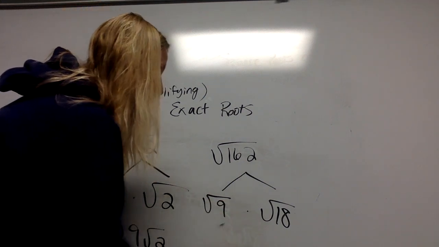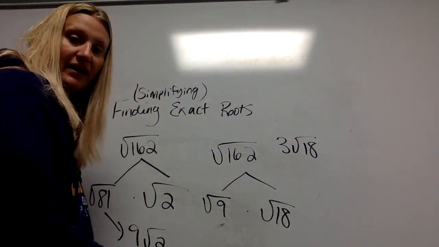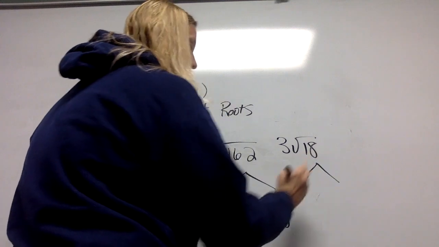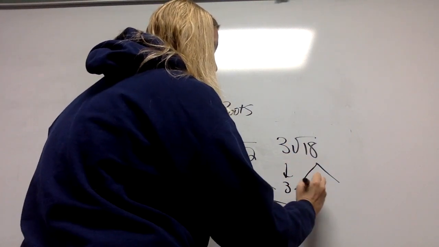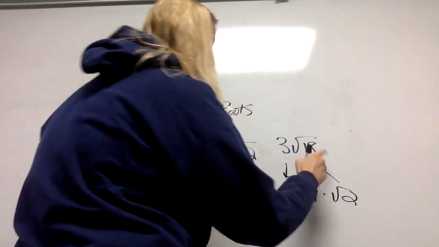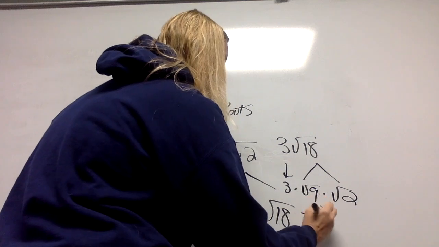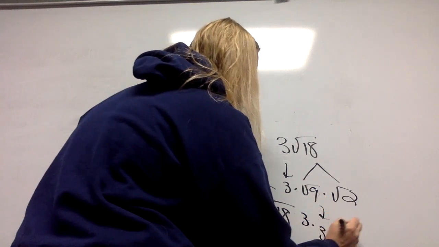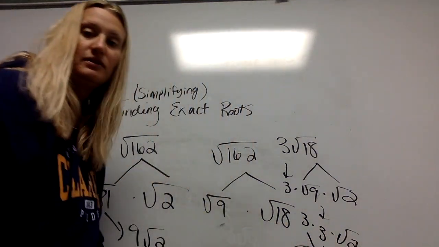Okay, and we're running out of room, so I'm going to write that up here. Okay, but that can be split again. So I have 3 times the square root of 9 times the square root of 2, because 9 is a perfect square that goes into 18. So now I have 3 times 3 times the square root of 2 to get 9 root 2. Whoops.